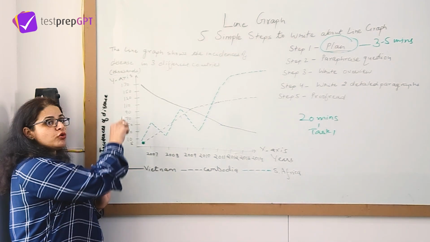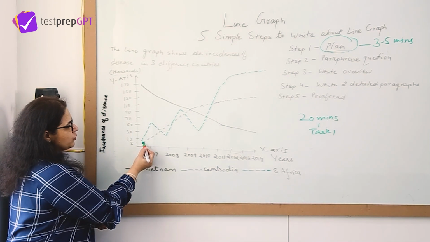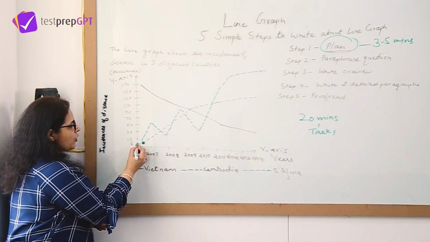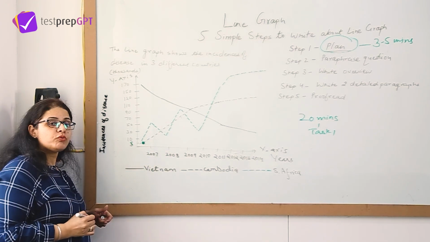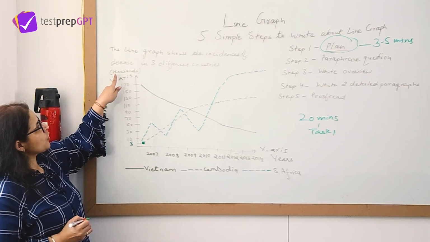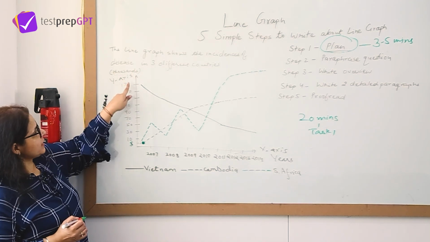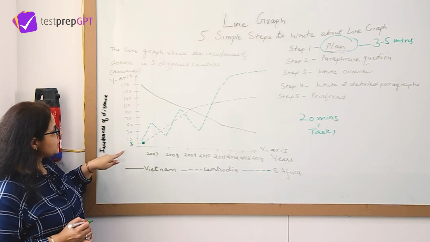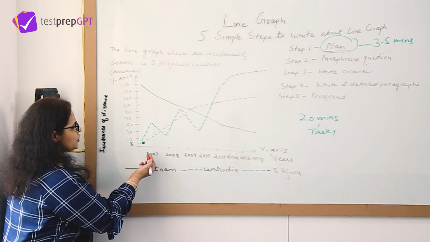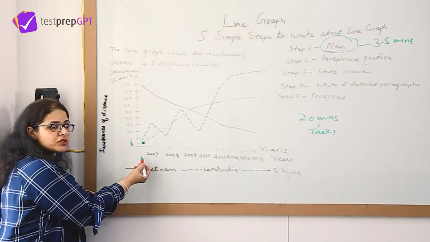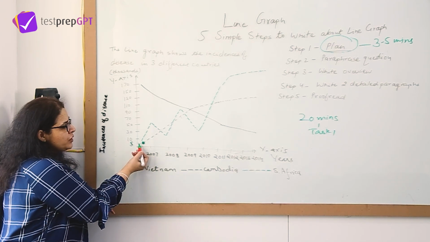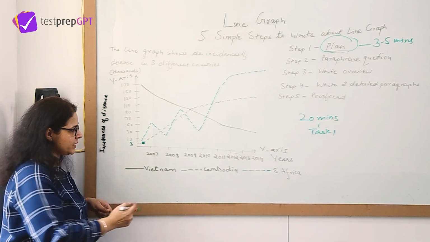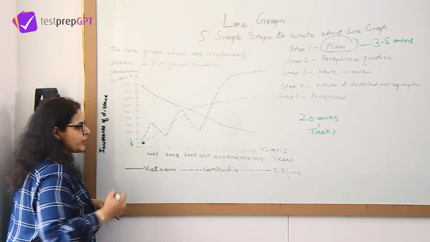Now what does that mean if you look at the graph? If you look at the initial value for Cambodia, the divided line, it's around 5. What does that mean? And what is the unit on the y-axis? The data has been given in thousands. So that means before 2007, 5,000 people were infected with some sort of disease in Cambodia.